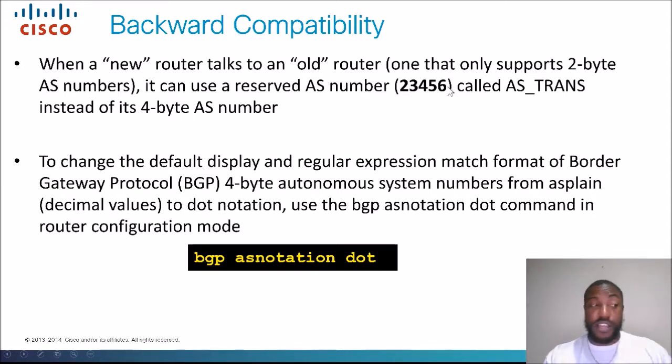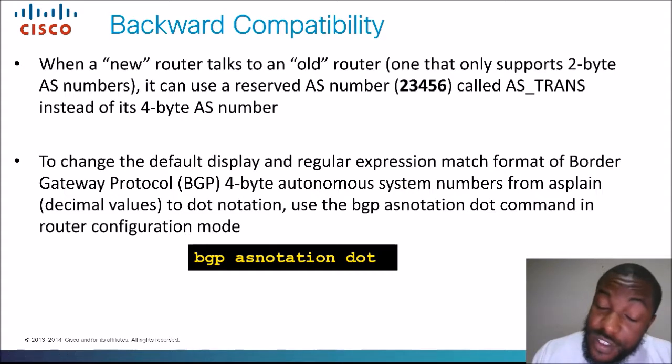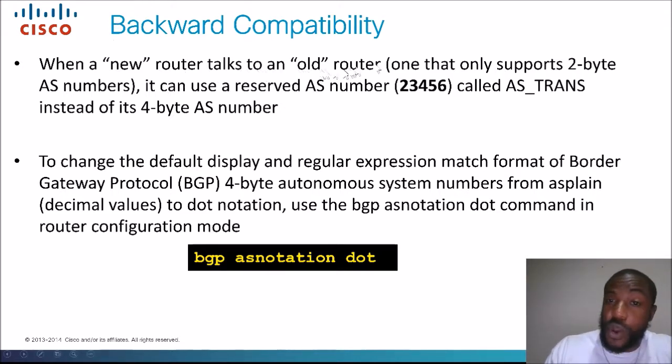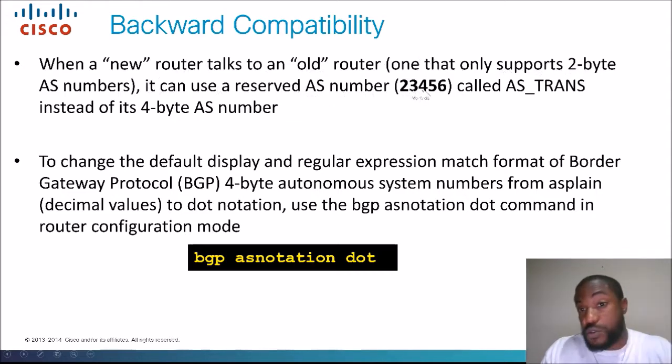And I'm gonna show y'all this. I did not have this in GNS3, the IOS version that I could use this. So I had to bring out my old hardware to show y'all this, right? So when a new router talks to an old router, one that supports 2-byte AS numbers, it can use a reserved AS number, which is 23456, called the AS_TRANS instead of its 4-byte AS number, right?